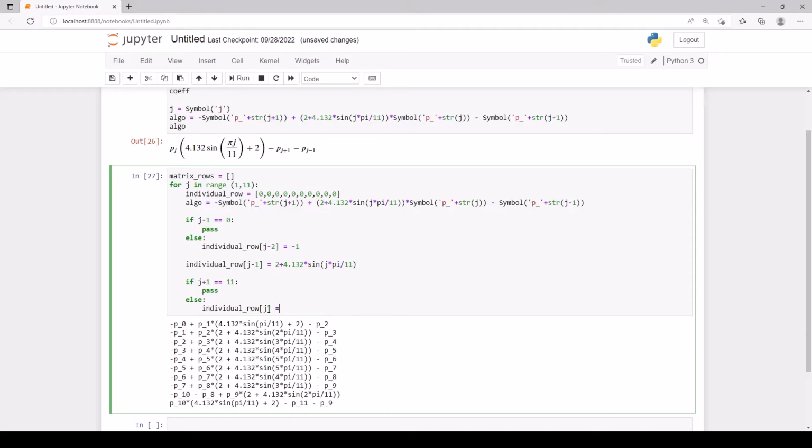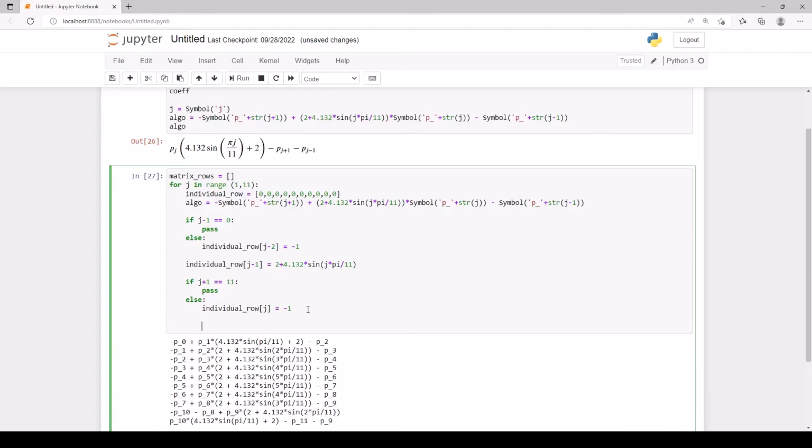And this is going to be replaced with the coefficient in front of the j plus 1 term, which is always going to be -1, just like that. And then finally, I add the resulting row, matrix rows dot append individual row. So this is basically just changing all the respective coefficients to what they're supposed to be for that individual row, then adding it to the matrix rows.